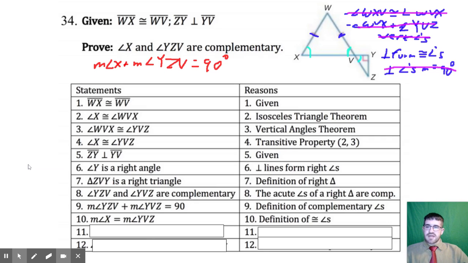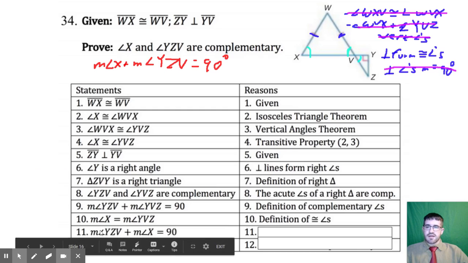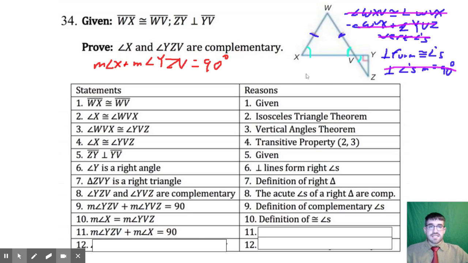What we're going to do now is substitute in where we see YVZ the measure of angle X. We now have the measure of angle YZV plus the measure of angle X equals 90 degrees. This is exactly what we're looking for up here in our proof.